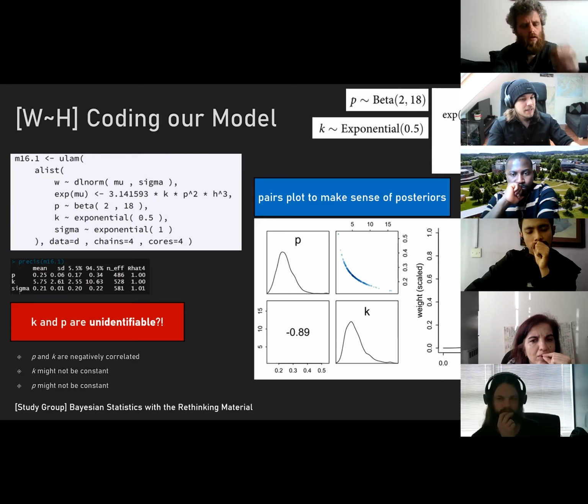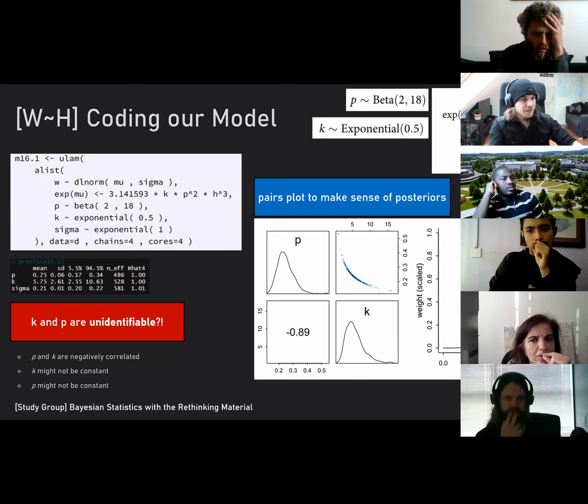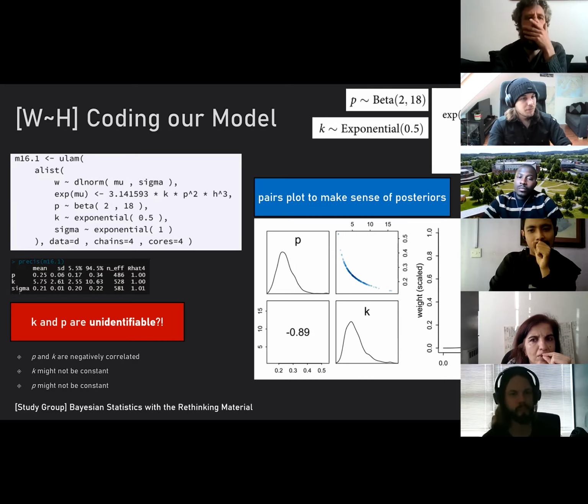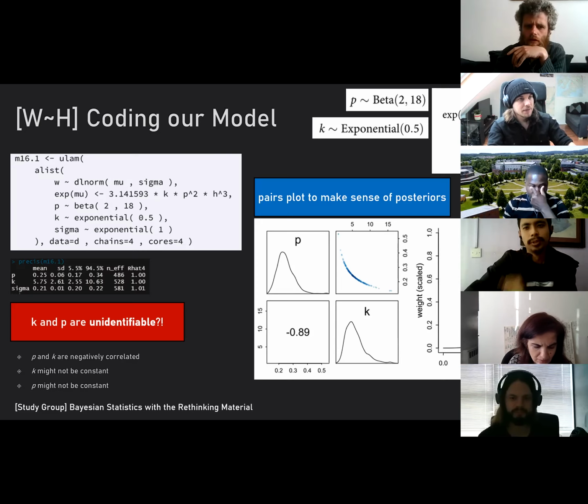We might also end up with different relations of height to radius, which is P, for individuals of different age or of different origin. That is thinkable as well. All of this hasn't been factored into the model and probably should be if we're really trying to get an in-depth understanding of what's happening here.